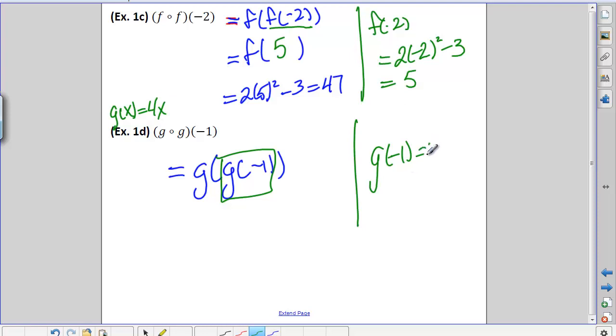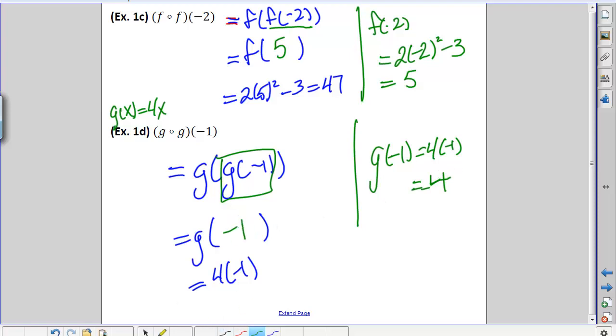So this is 4 times negative 1, which is negative 4.